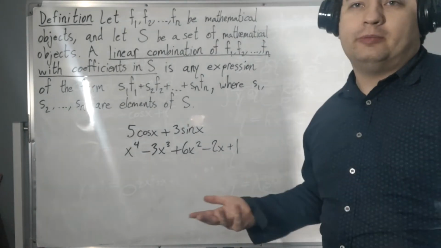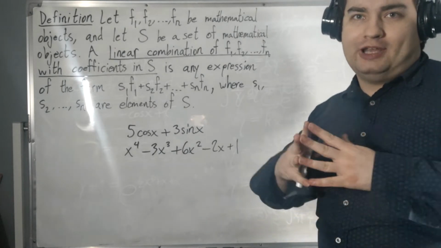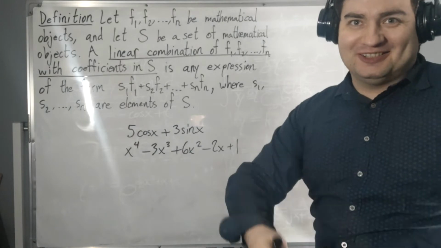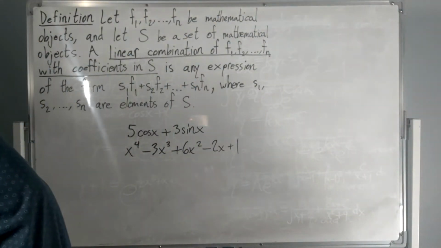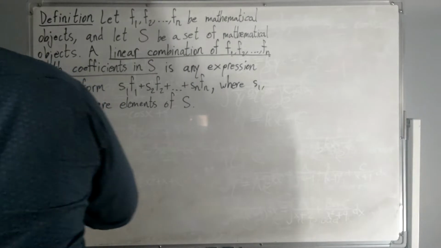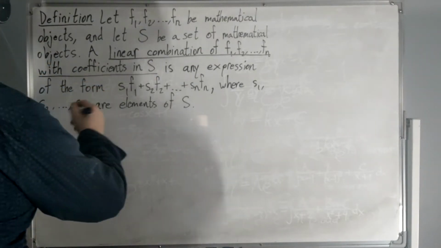Okay? So this is all a linear combination is. I just needed a term for when you take a bunch of things, multiply them by constants, and then add all those things up. So, next definition.